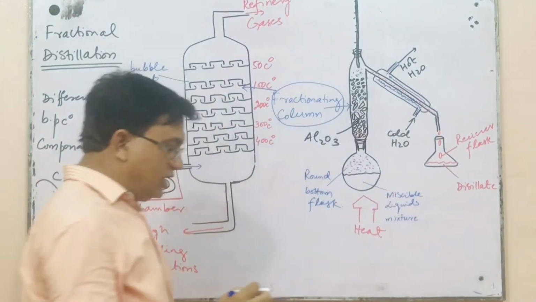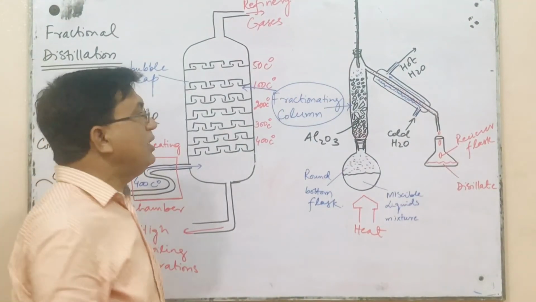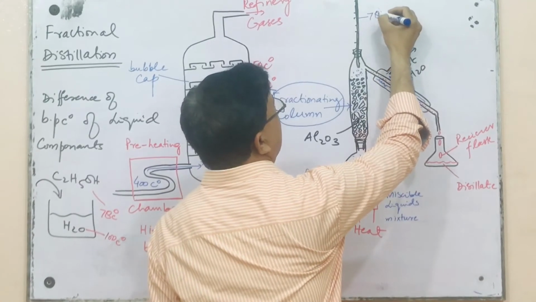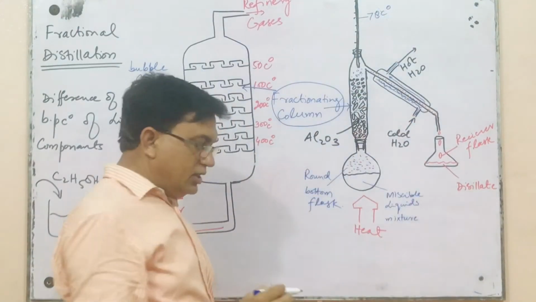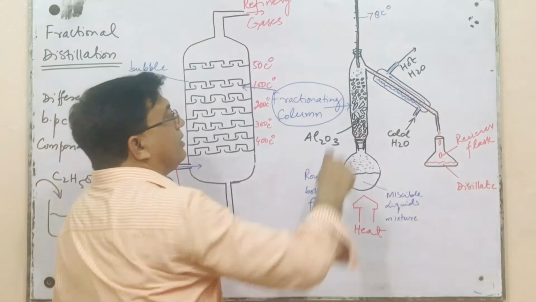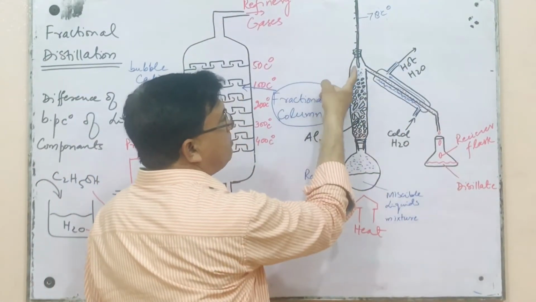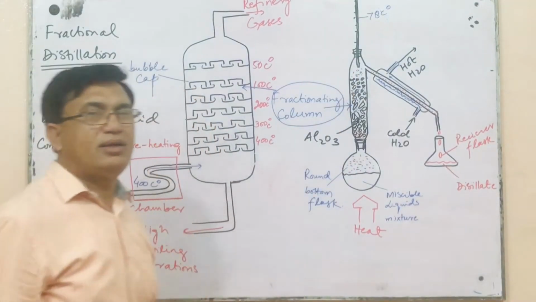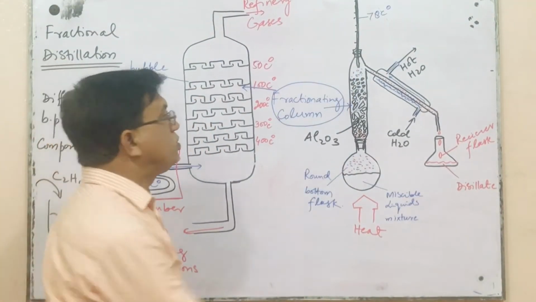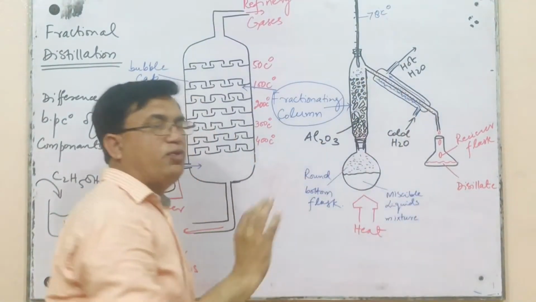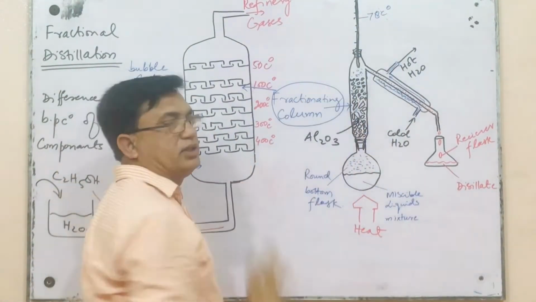Whenever they reach the bulb of the thermometer, it will show a reading of 78 degrees centigrade. This will indicate that the component having boiling point 78 degrees centigrade has reached the top, very close to the thermometer. The thermometer is indicating the boiling point of the first fraction which comes to it.